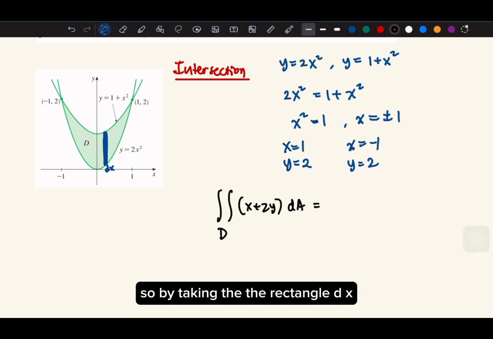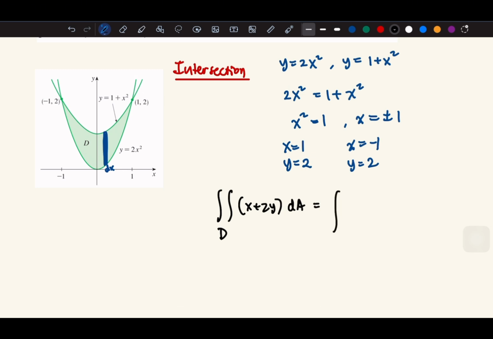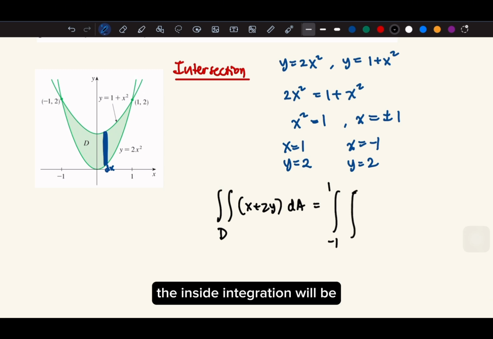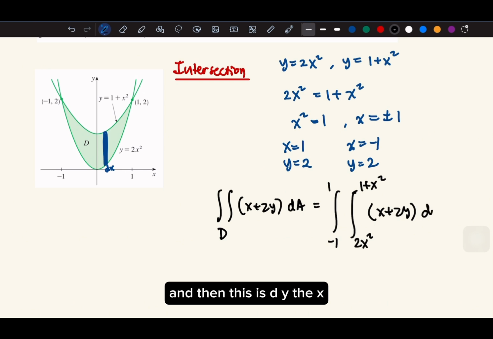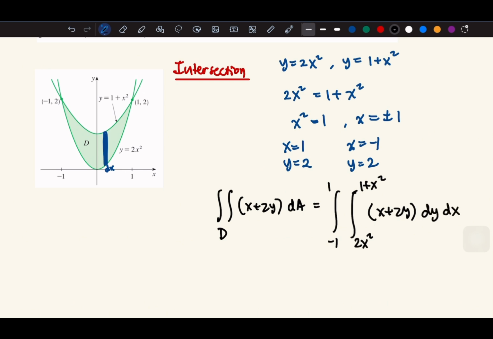By taking the rectangle dx, the constant will be x. So x will start from -1 to 1, and then the inside integration will be from 2x squared to 1 plus x squared. And this is dy dx.